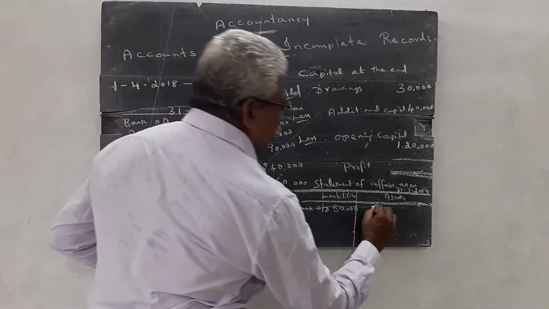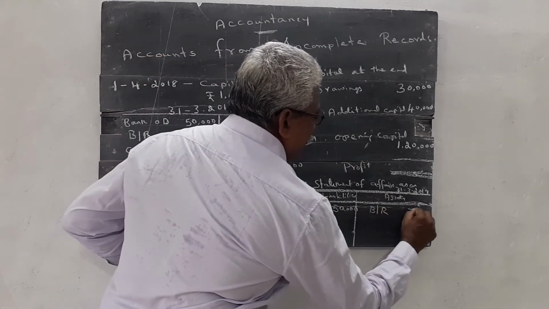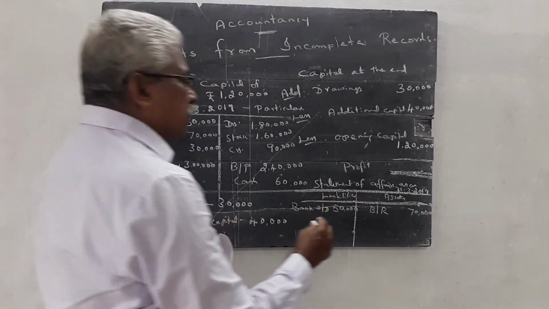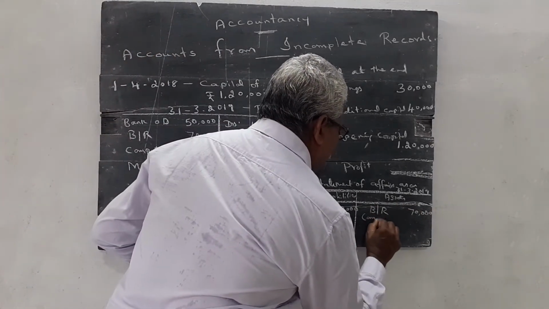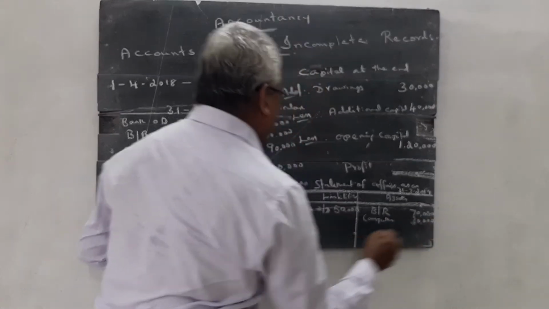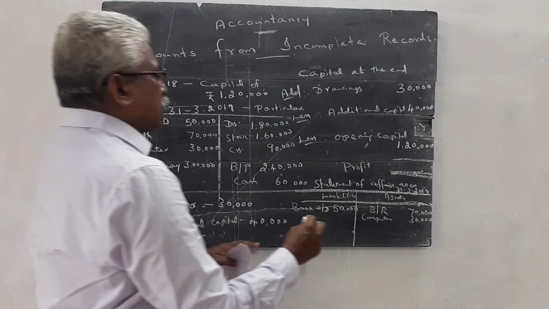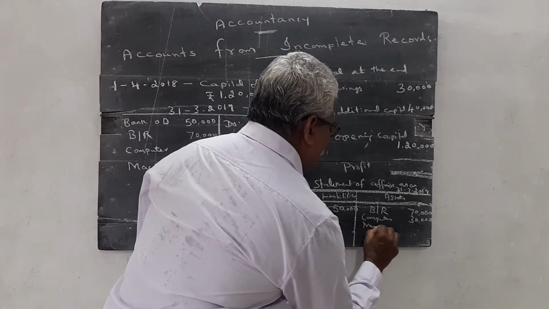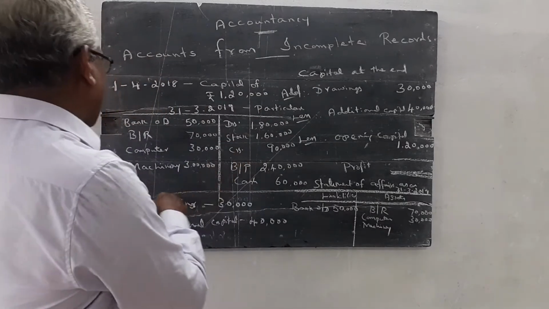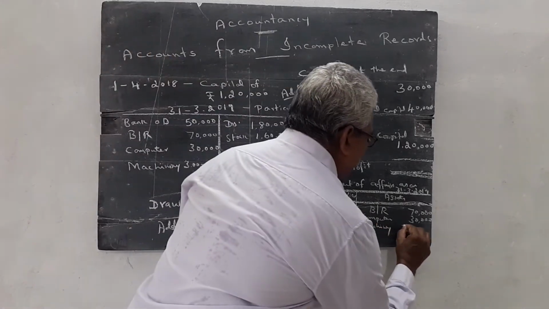Then bills receivable is an asset, 70,000. Then computer is an asset, 30,000. Then machinery is an asset, 3 lakhs.